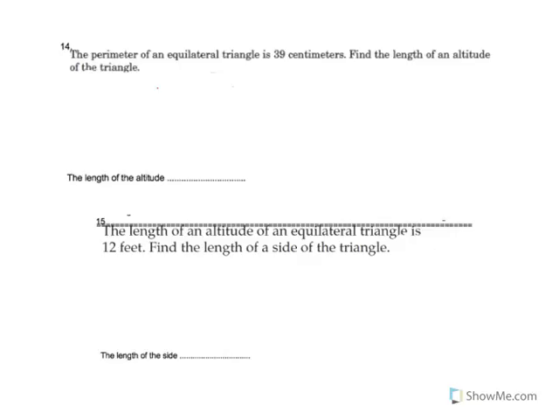In the first problem, it says, the perimeter of an equilateral triangle is 39 centimeters. Find the length of the altitude of the triangle. So let's draw our equilateral triangle.